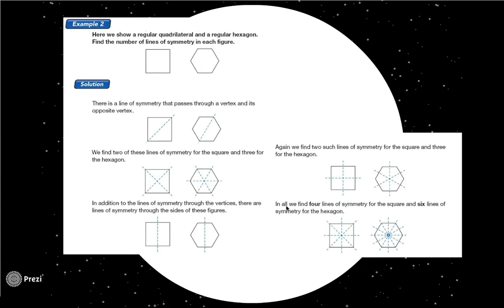Same thing here. Then we total up the lines of symmetry, and in all we have 1, 2, 3, 4 lines of symmetry for the square, and 1, 2, 3, 4, 5, 6 lines of symmetry for the hexagon.